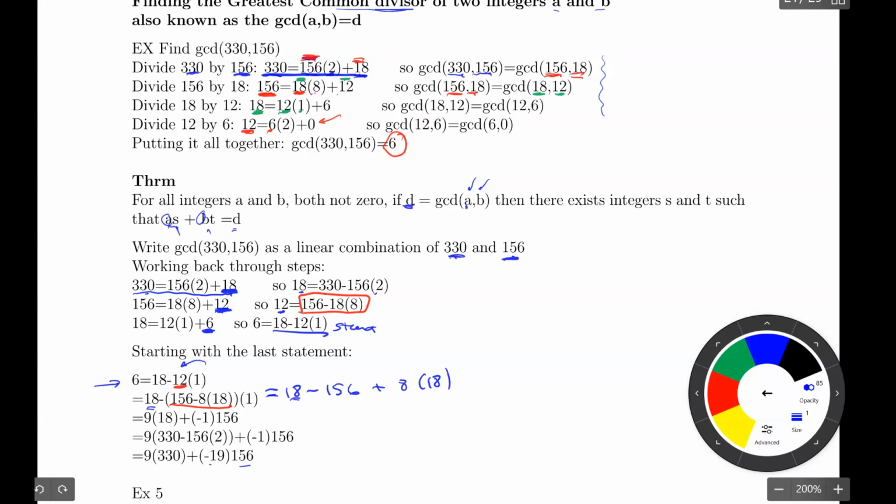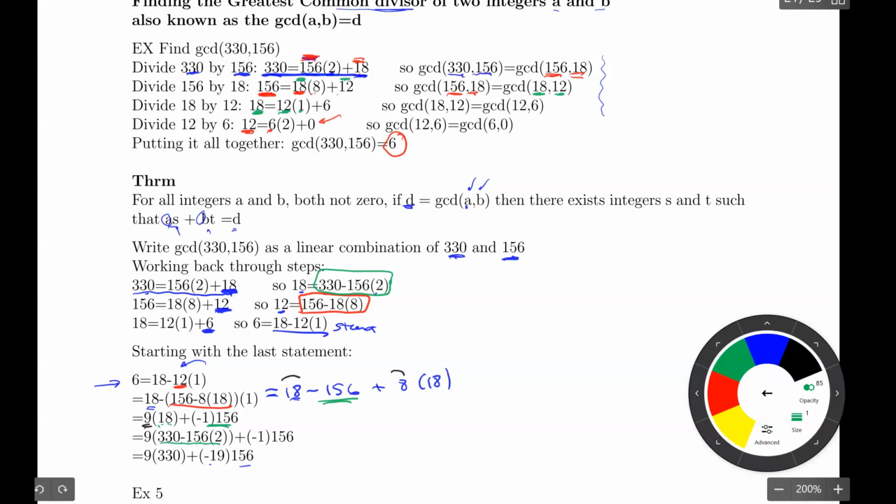Here's my negative 156, and then I see 1 18 and 8 18s, so that makes 9 18s. You're always wanting to replace the smaller number, and the smaller number in this case is the 18. So I look back up here. Look at that, it's just sitting there waiting to be used. So let's substitute that in.